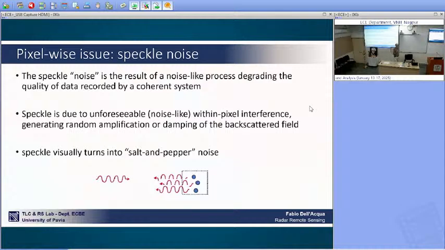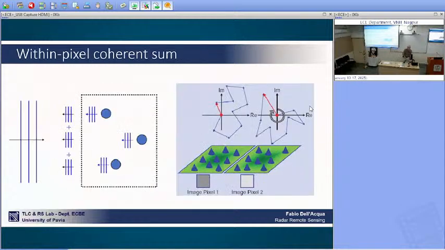And this is something we need to live with. It's something that cannot be decoupled from radar acquisition. And it's one of the main reasons why you cannot rely on the individual pixel when you do radar. So what's the difference with respect to optical data? Optical measurements are stable. They can be affected by errors, but it's not the individual pixel which is affected by error. It's the data set on average.